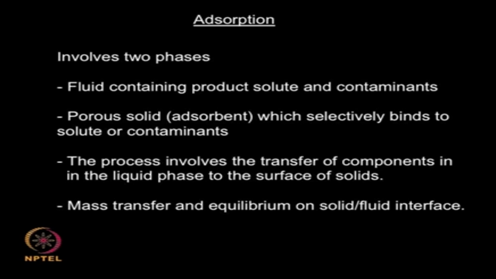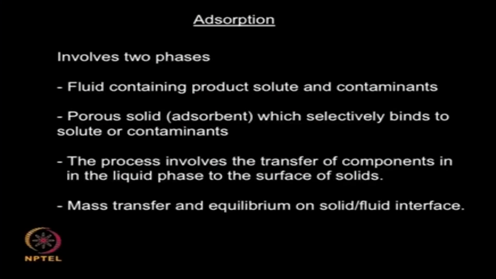So what happens during this process of adsorption is that the components from the liquid get transferred and get attached to the adsorbent or the porous solids. So there is something called mass transfer and there is something called the equilibrium. So the adsorbent cannot adsorb all the solute and the adsorption process depends upon the equilibrium concentration.